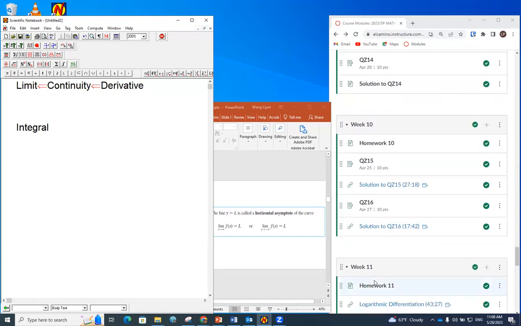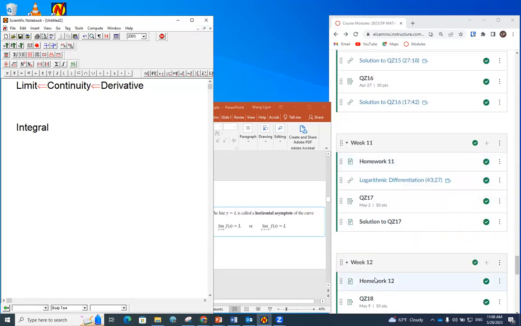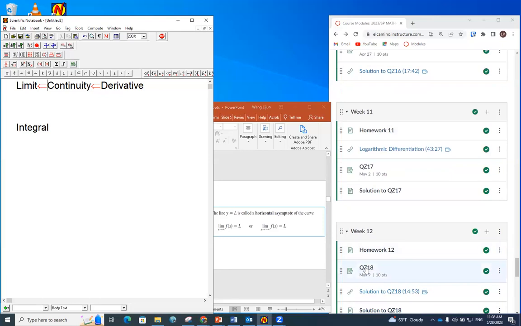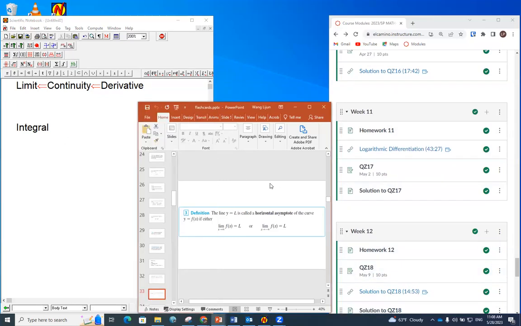By this time, we've done a lot of differentiation, right? In terms of differentiation, we have adding, subtracting, multiplying, dividing rules, and in particular the chain rule and implicit differentiation. All of these are hard topics, and we have been quizzing you.